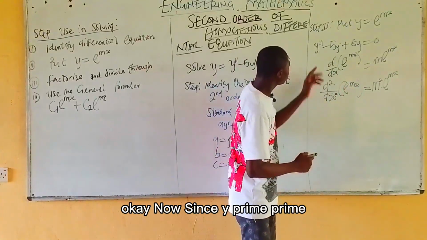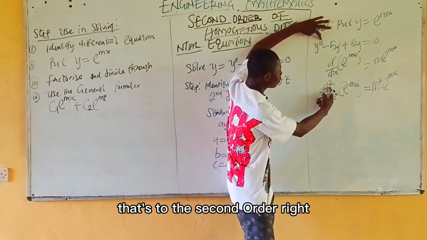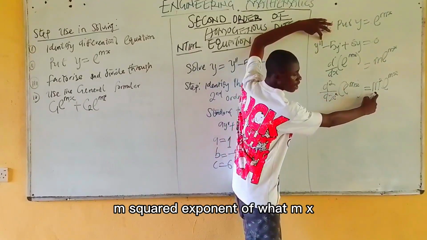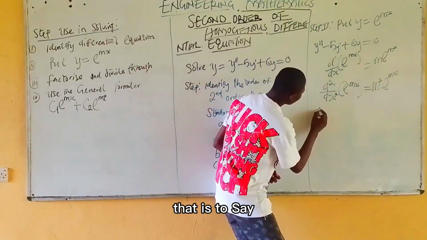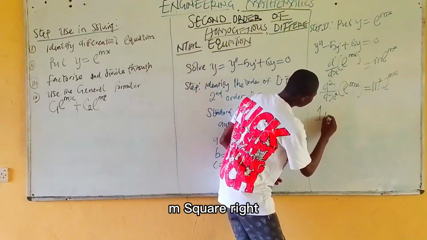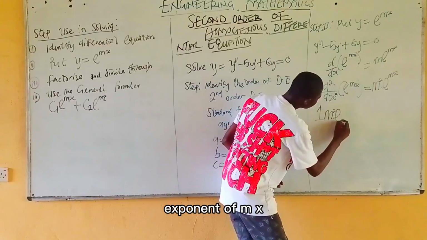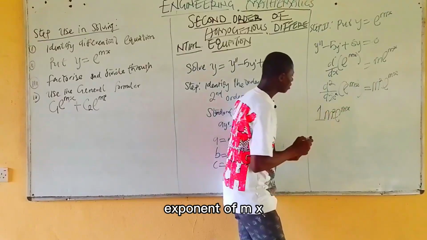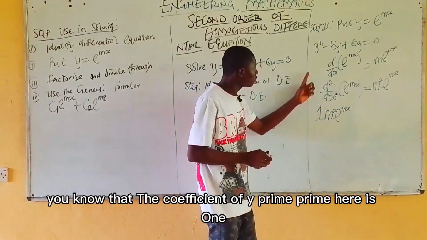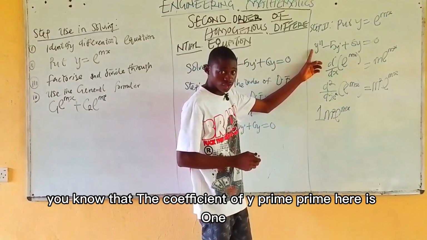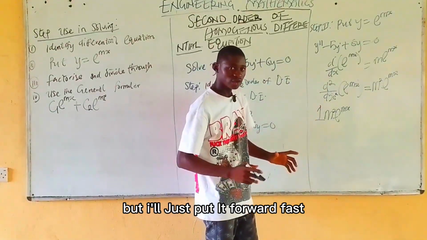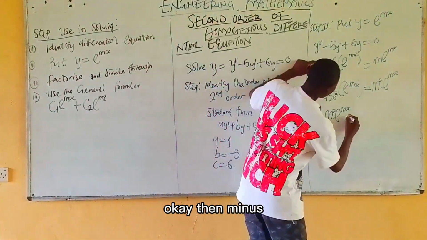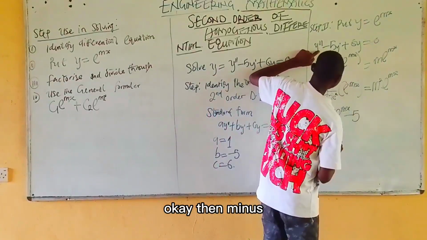Now, since y'' is of the second order, we have m² e^(mx), that is to say 1·m² e^(mx). You know that the coefficient of y'' here is 1. I'm not supposed to put it, but I'll just put it for faster understanding. Then minus 5.